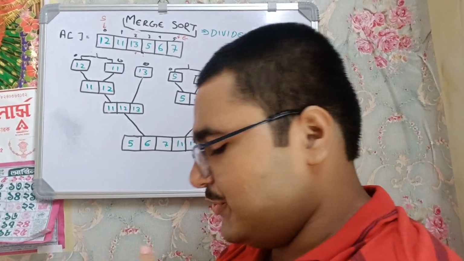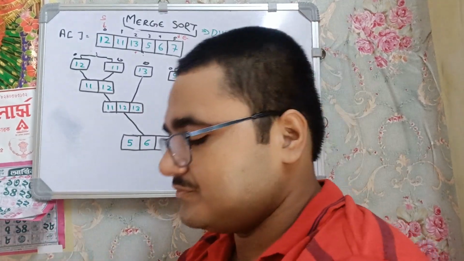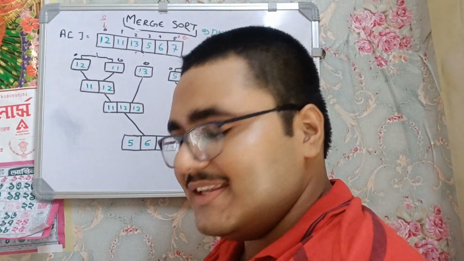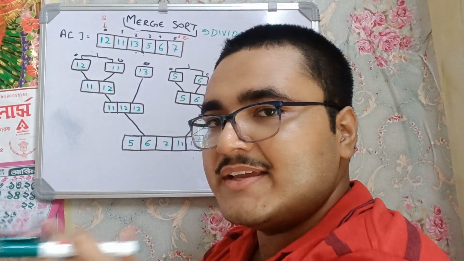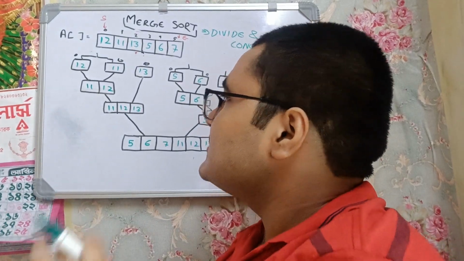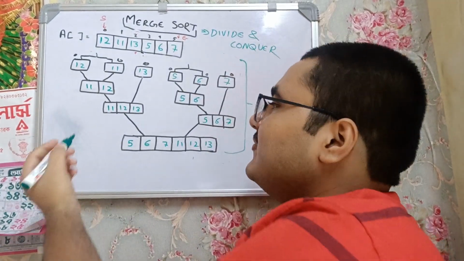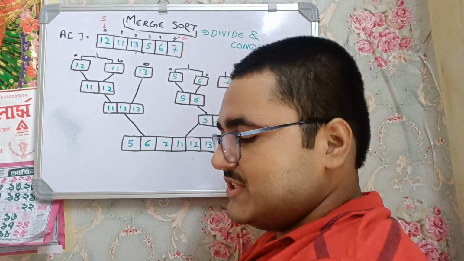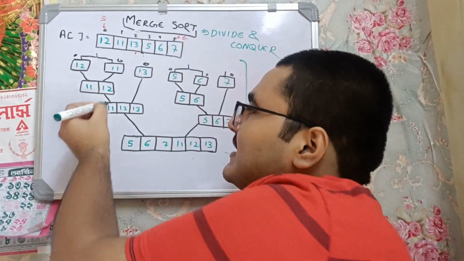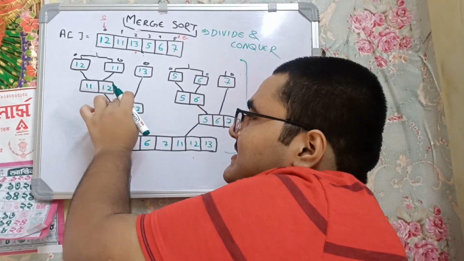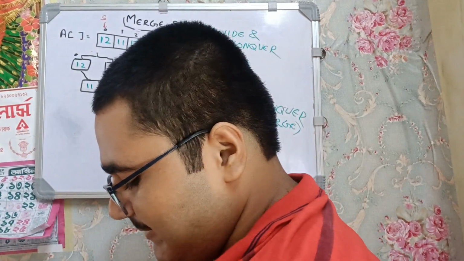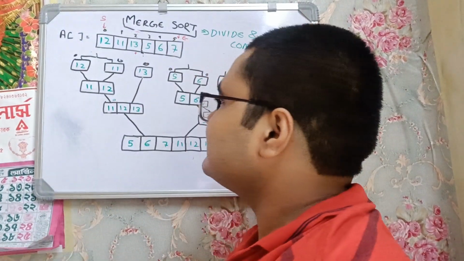So how are we doing it? See, whenever there is a left subtree and a right subtree, the left portion of the array will use 2 pointers, 0, 1, 2, for iteration. This will be iterating and comparing.